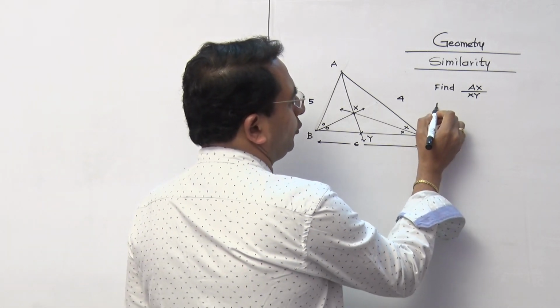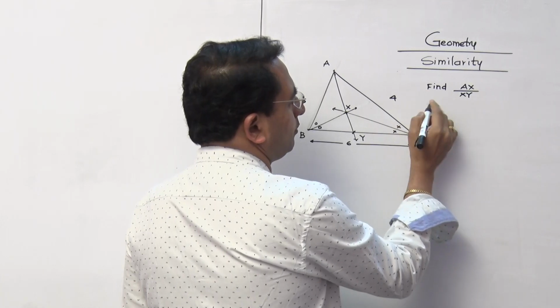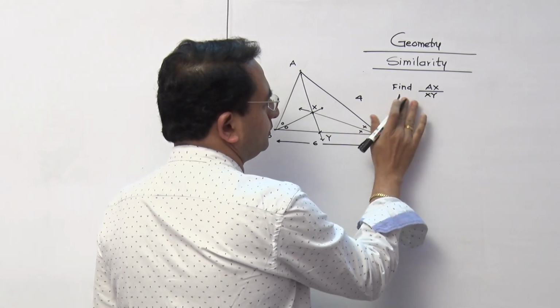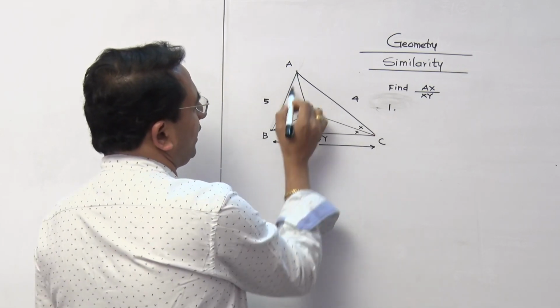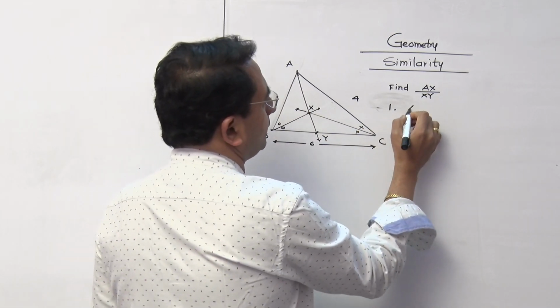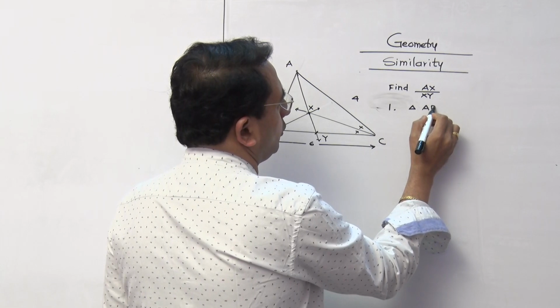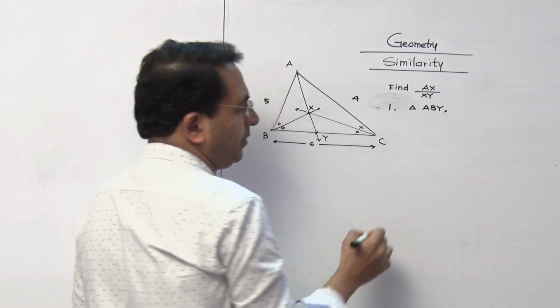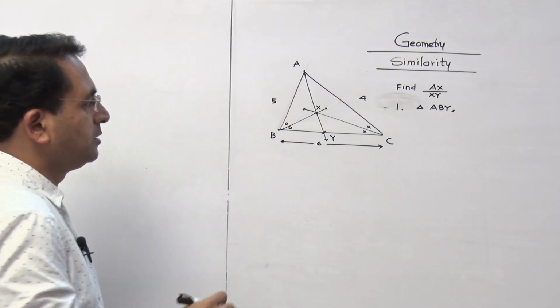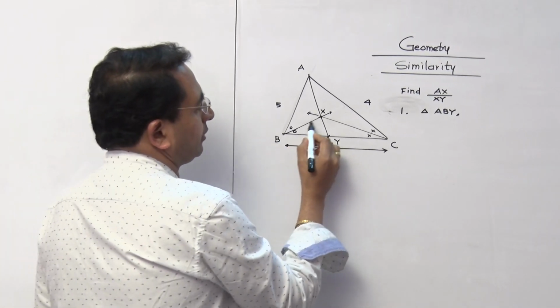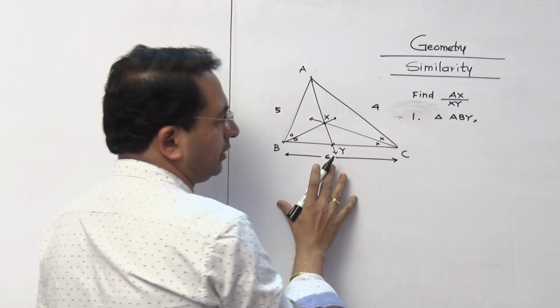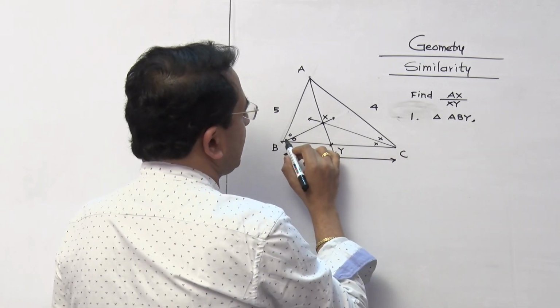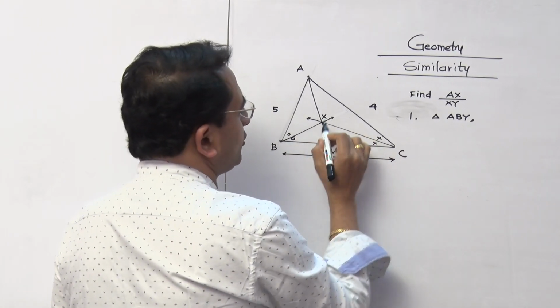Initially we are not going to put any value here, but we have to select the triangle. Statement number 1: take triangle ABY. Now in this triangle ABY, BX is a bisector, correct? So I can definitely write here, it divides the opposite side.